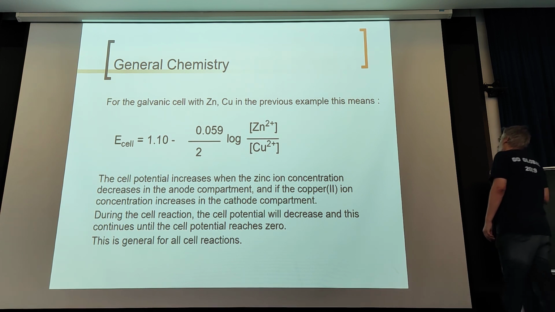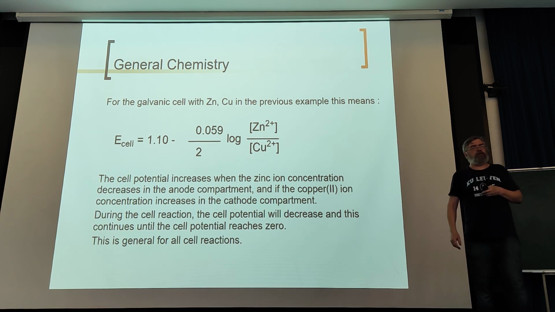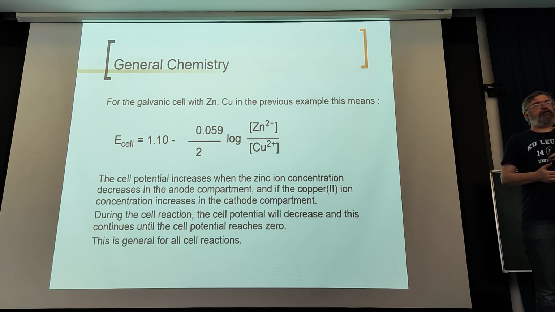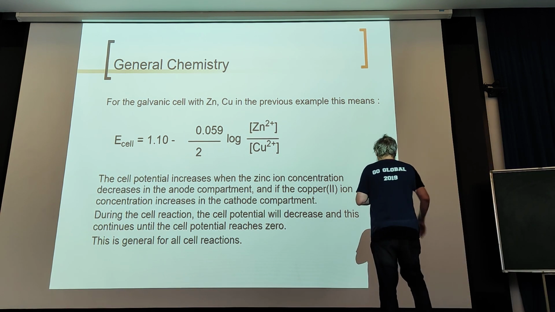Now, what can we conclude from this? Your cell potential is going to be around 1.10, but depending on the concentration of zinc 2+ or copper 2+, it may become bigger or smaller. Actually, it depends on the ratio of zinc and copper.